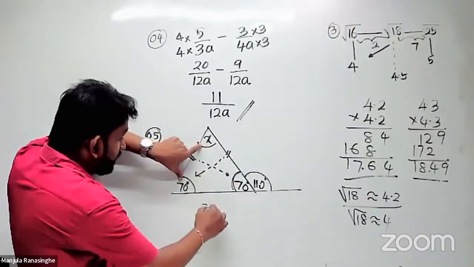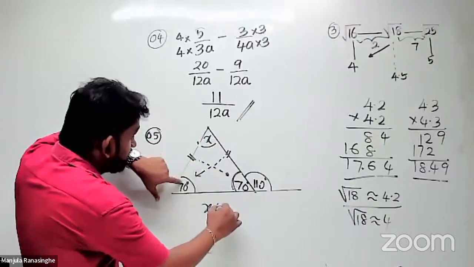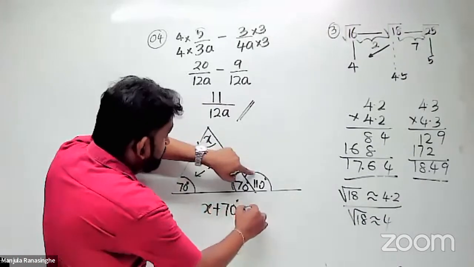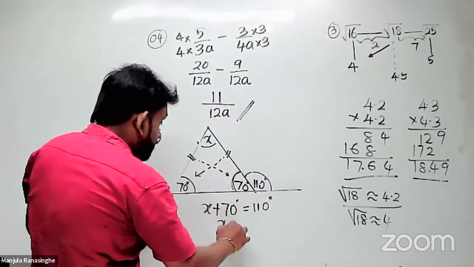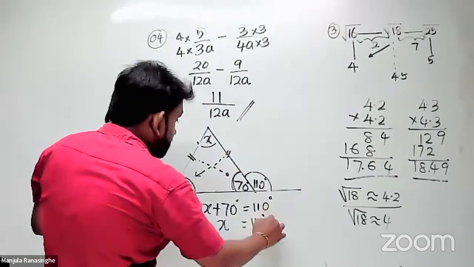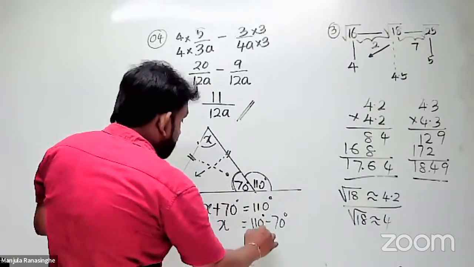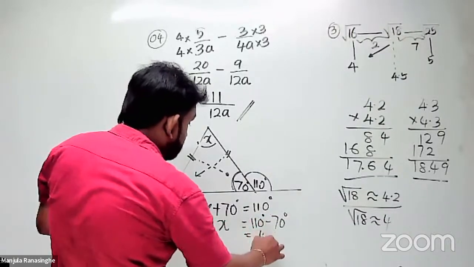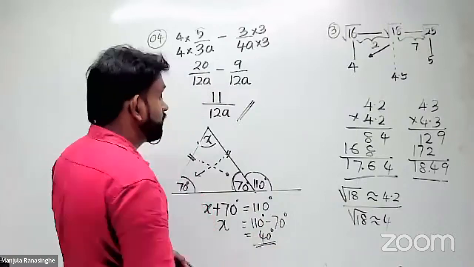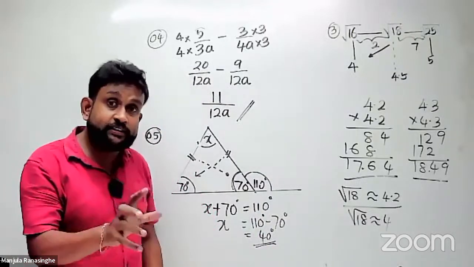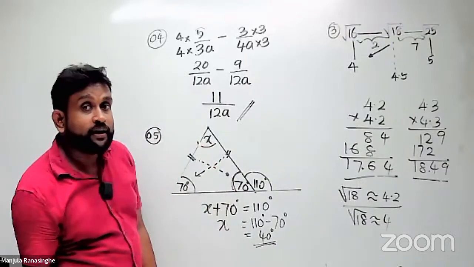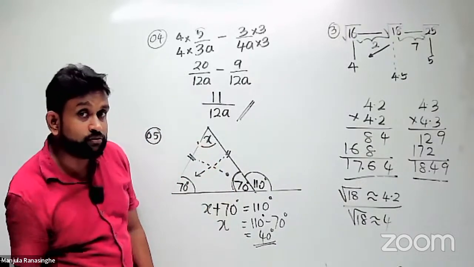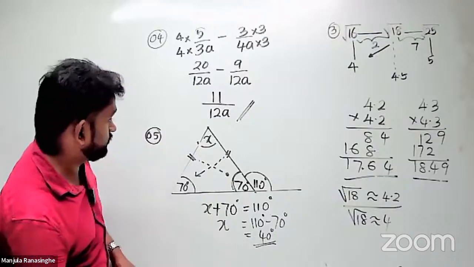So I can write x plus 70, sum of these two equal to the exterior, that is 110. So subject x here, x equal 110 subtract 70, then that gives you 40 degrees. 40 degrees. Okay, or others can apply the sum of these three angles to the 180 degrees. In that also you can deal the question. Right.